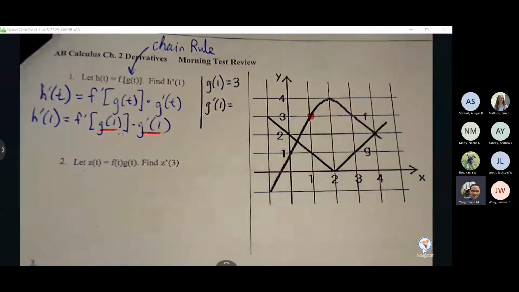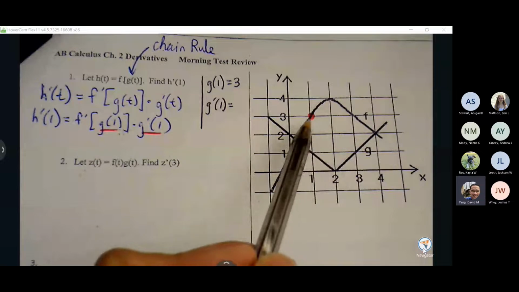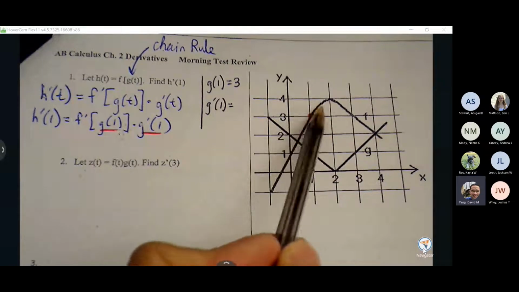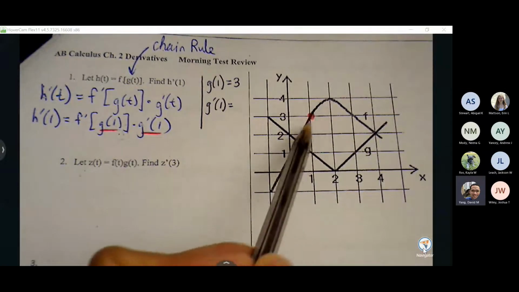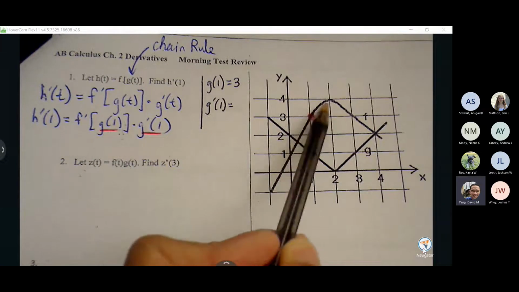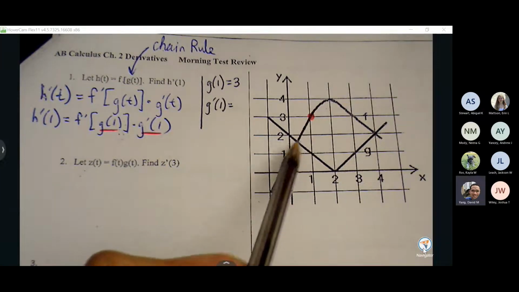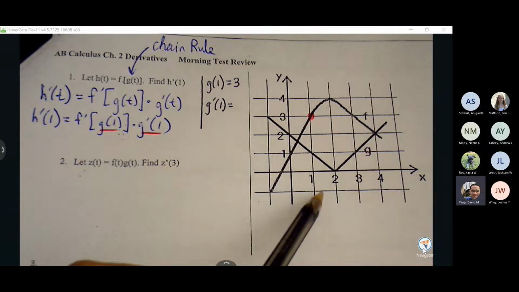So I'll be a lot more clear on the test. And if it's not clear, then you can choose whichever option you want to do for your slope, because it's not very clear. But here I chose to do slope 1. But if you did slope 2, that would have been acceptable as well. But on the test, it won't be vague like that.